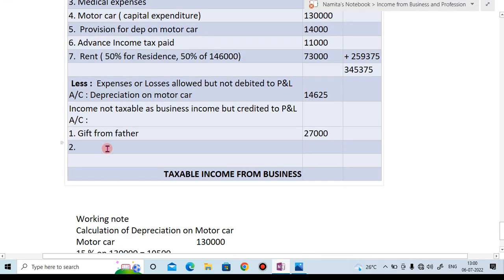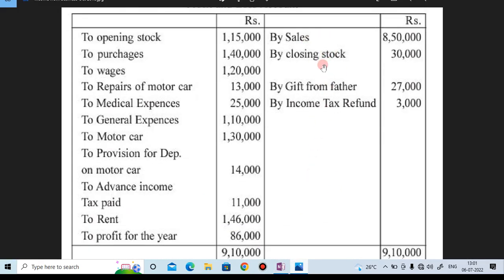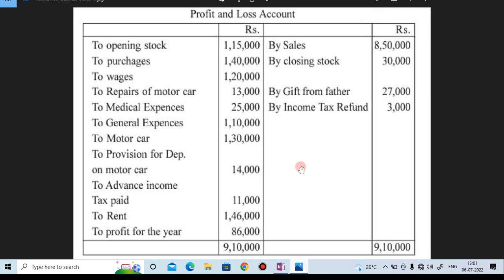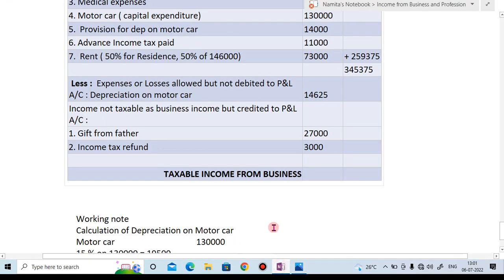So reduce it. Income tax refund, 3,000. Now all the particulars in the credit side we have taken into consideration. So now all the additional information is also completed. Now we have to compute the taxable income from the business.